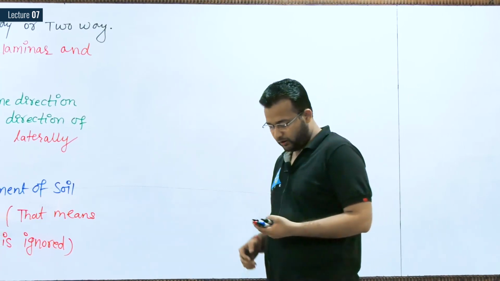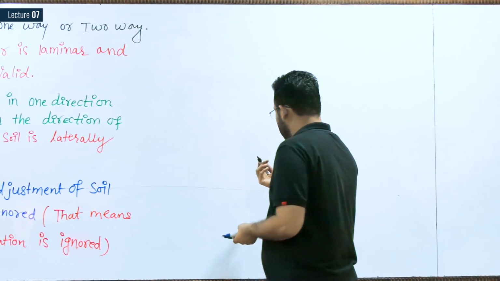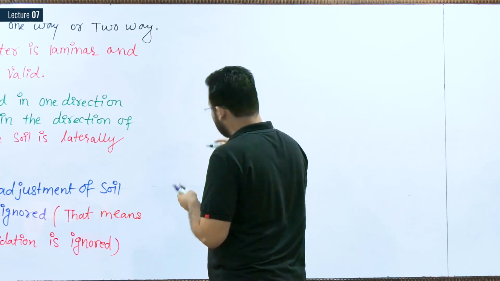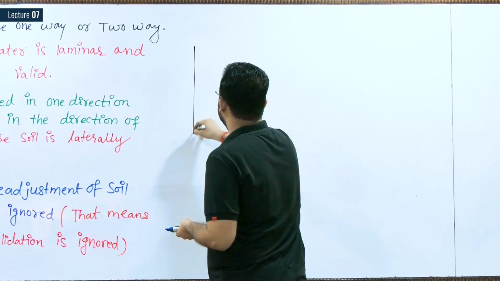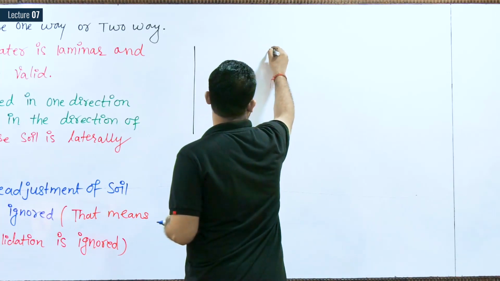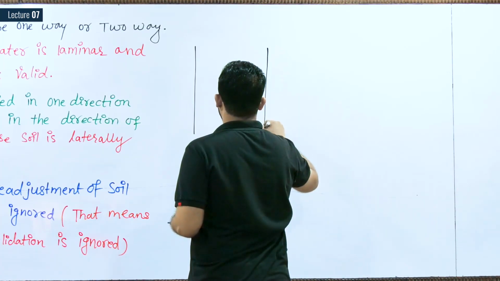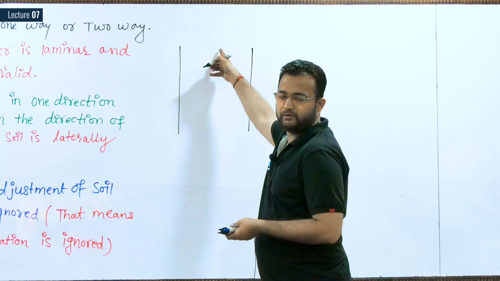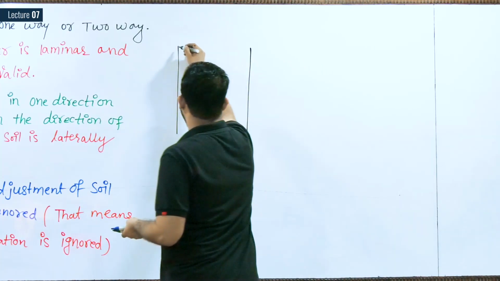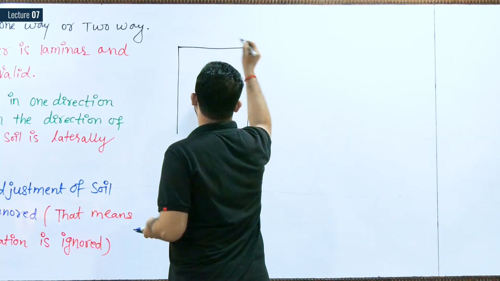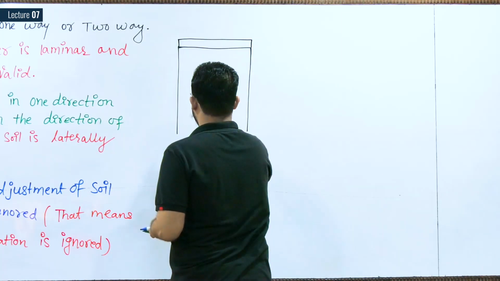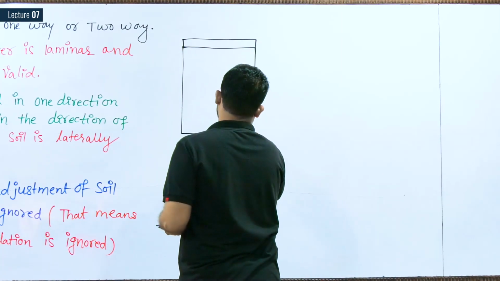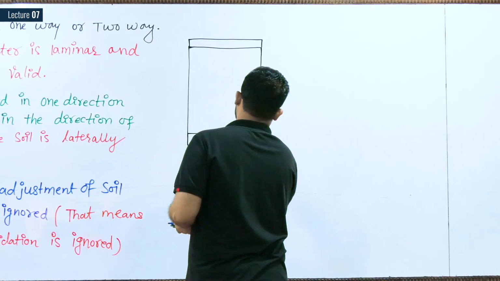Second, suppose this is that hollow ring, open from the top and bottom. We keep one porous plate on the top and one porous plate on the bottom.